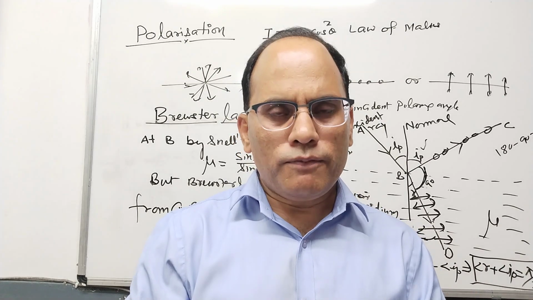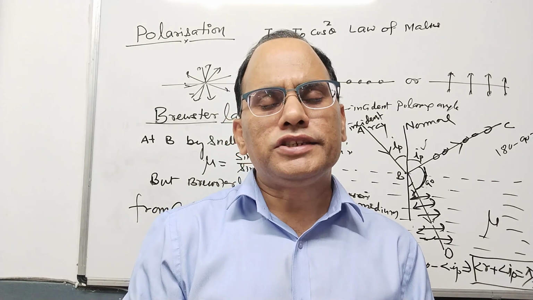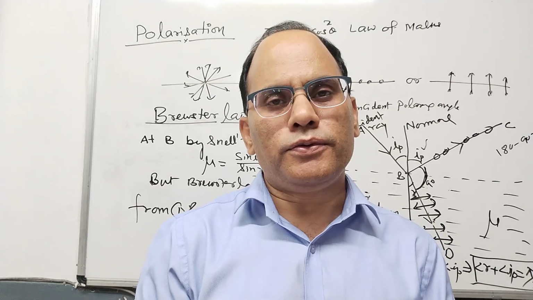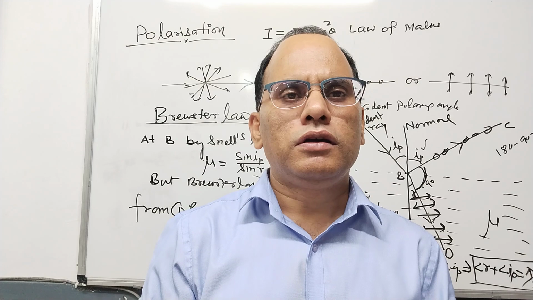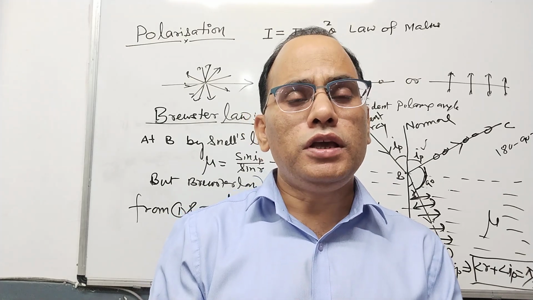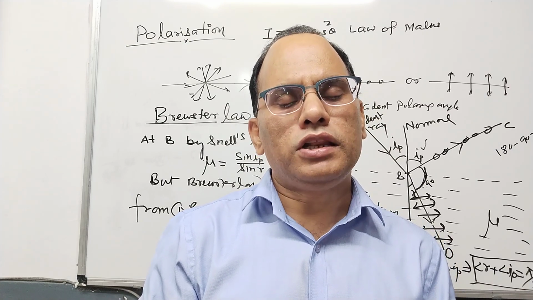There are quarter wave plates, half wave plates, and many more devices. Polarizing sheets are widely used in our day-to-day life. Although sometimes we ignore it, we are directly using this kind of polarized light.